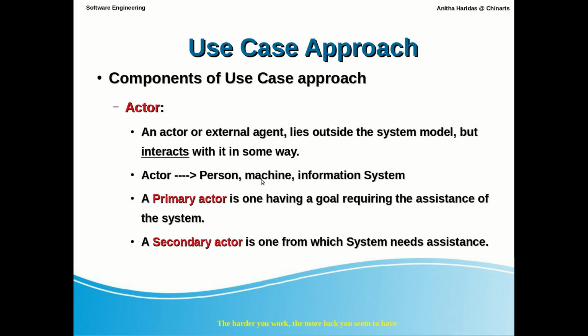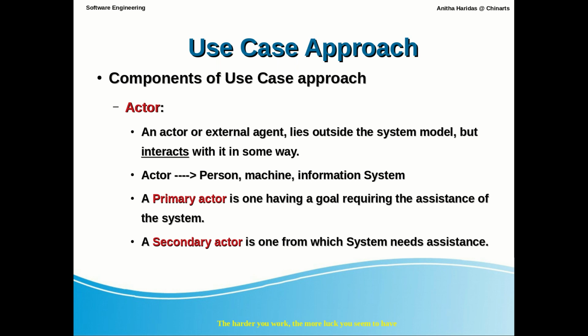Say for example, if it is a weathercasting system, signal processing or signal receiving sensors can be an actor or an external agent which will be interacting with the system. Or the actor can also be an information system. Say for example, a student management system interacting with the college management system can also be called an actor.